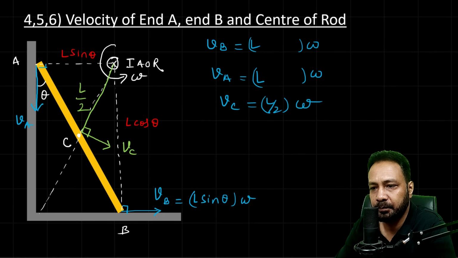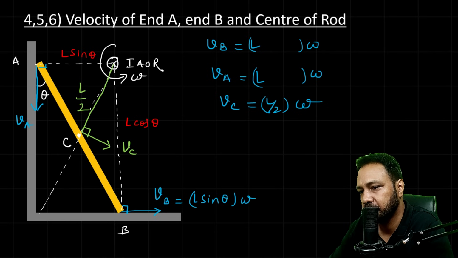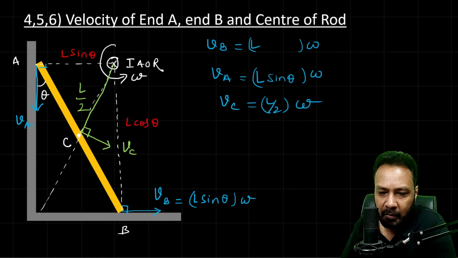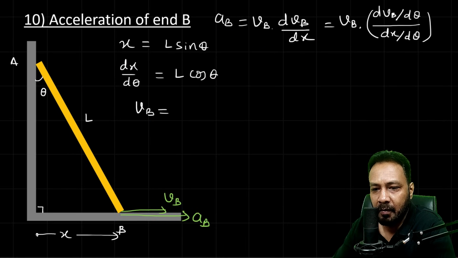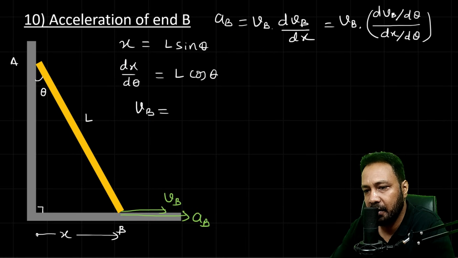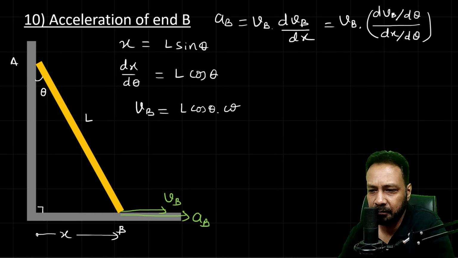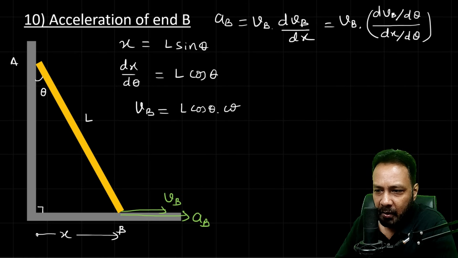VA is equal to L sin theta into omega, and VB is equal to L cos theta into omega. So now AB, the dVB by d theta part.